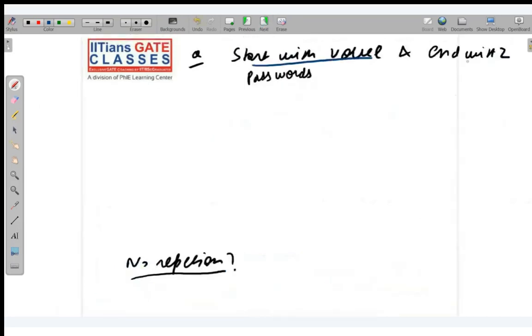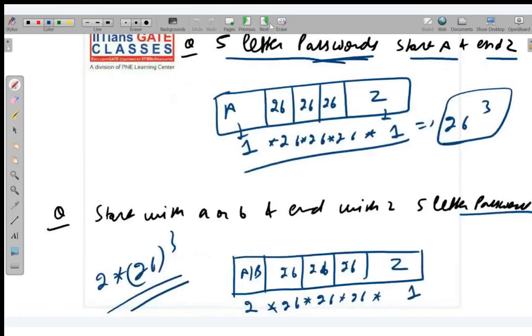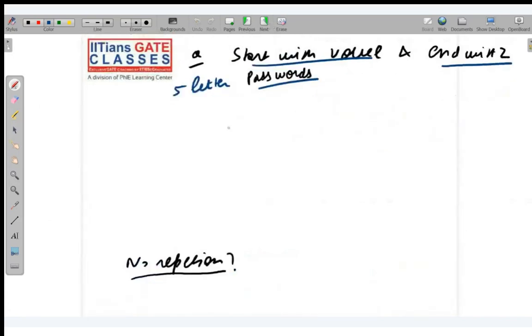Next is start with vowel and end with Z, 5-letter password. Password means unlimited repetition. Start with vowel. How many vowels are there? A, E, I, O, U. Five vowels are there.